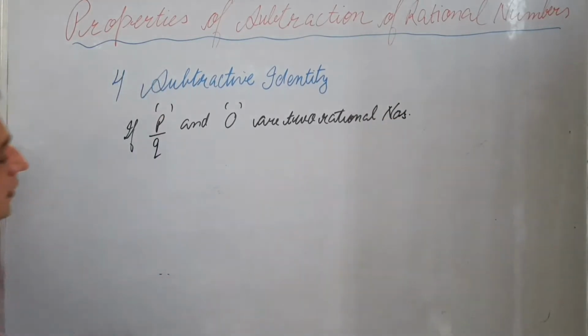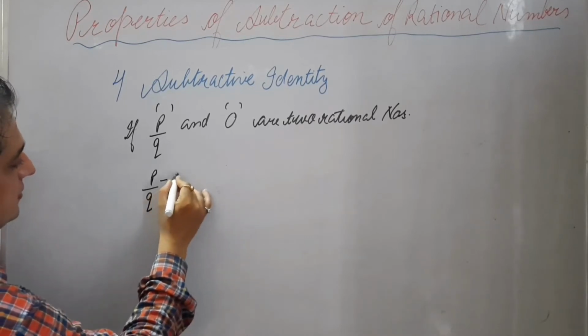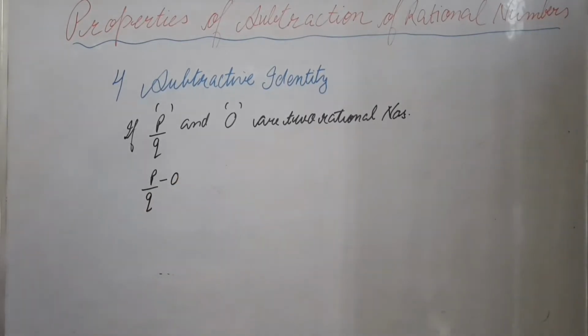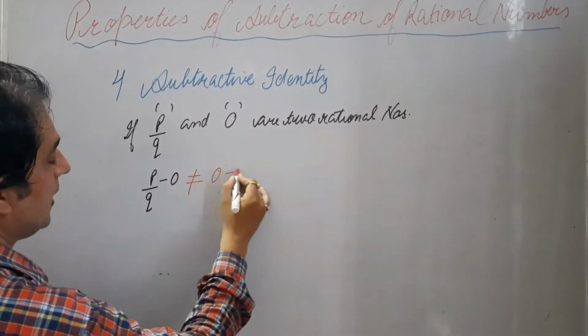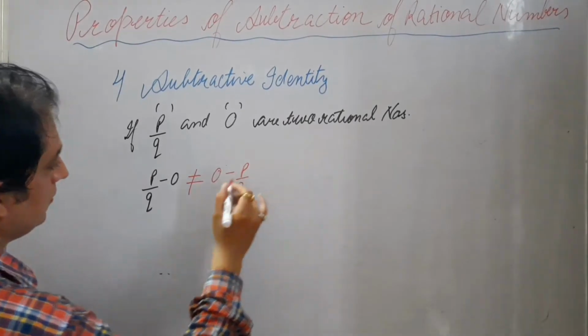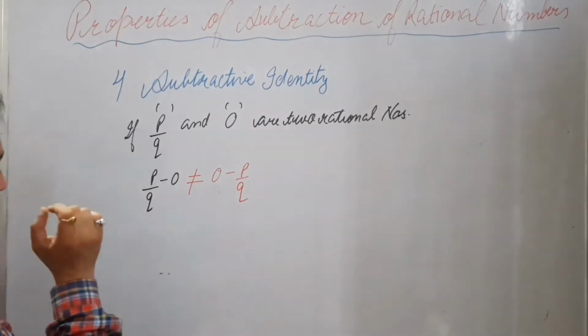Right? If I take subtraction p by q minus 0, what will I get? I will get p by q. But this is not equal to 0 minus p by q. 0 minus p by q. Right? अगर इनका आंसर देखें तो इसका आंसर आएगा p by q.